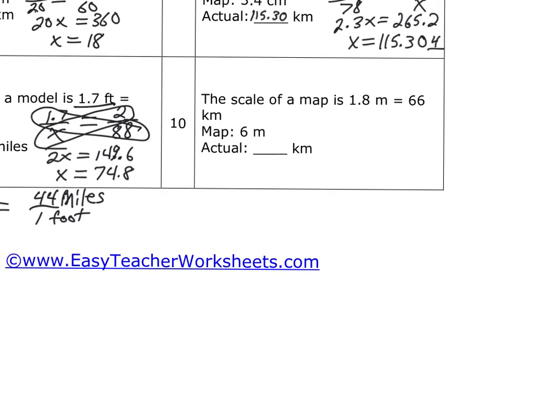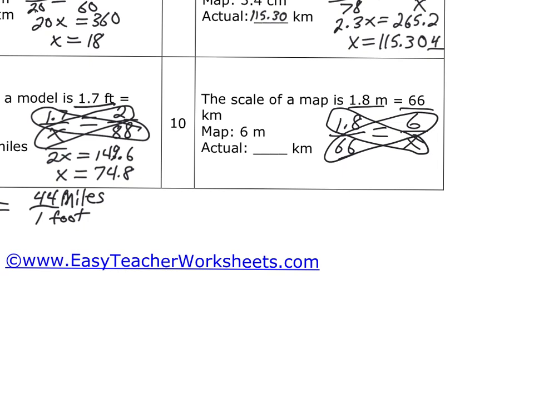And the last one, the scale of a map is 1.8 meters, which is equal to 66 kilometers. So we have scale and actual. If you just practice writing your fractions as scale over actual, it makes it a whole lot easier.